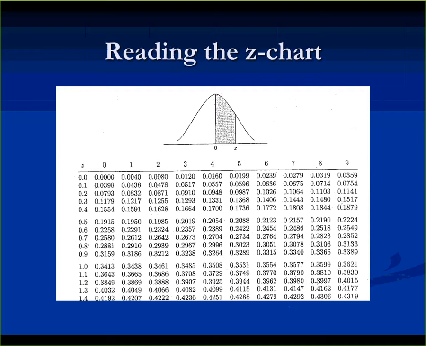Why don't y'all go ahead and see if you can figure out what is the area under the distribution if z is 0.55 standard deviations away from the mean. Okay, hopefully y'all read 0.2088. So if you're 0.55 standard deviations away from the mean, you're going to start again with your left column, and you're going to go down to the 0.5 row, and then as you run across that row, the first number that you see is 0.1915, and that's 0.50 standard deviations away from the mean.